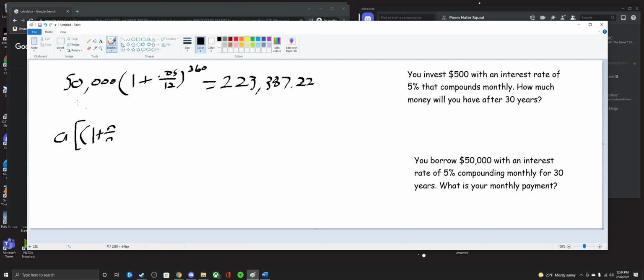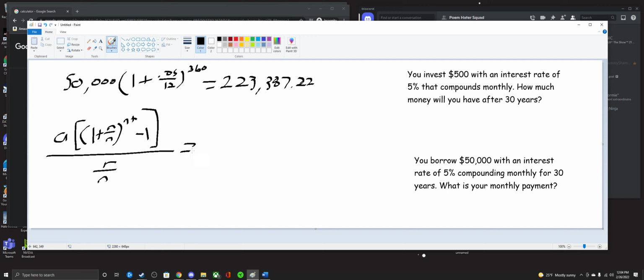That looks like an n, but that's an r. Essentially, these brackets mean we want to solve this part out here, 1 plus r over n to the power of nt. Then we subtract 1, and then we multiply by A, and then we divide by r over n.